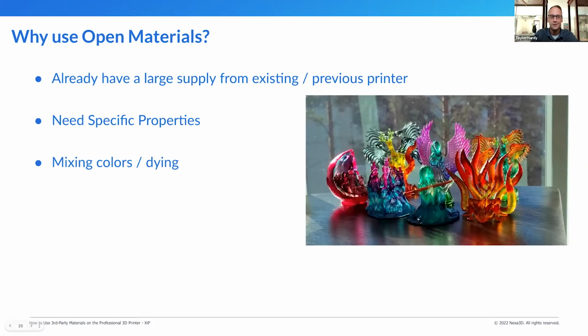Another advantage is you can do different color mixing and dyeing. That was one of the big responses I got from one of the posts. I think it was on the first slide. I was mixing colors to make a green color for just something I'm doing around the house, but we've had to mix dyes for different clients because they're trying to achieve a specific end product with the printers.